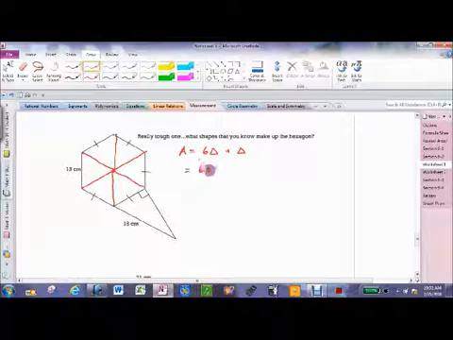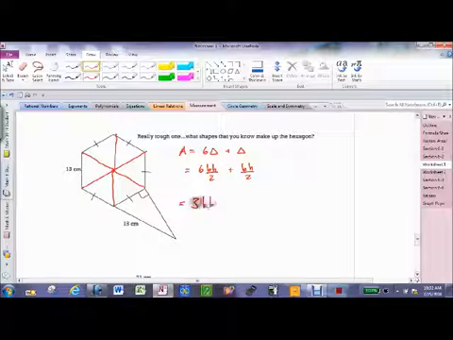So that's 6 base times height divided by 2, correct? Plus a base times height divided by 2. What do you do with the 6 and the 2? Six divided by 2. What do you do? Divide. 3 base times height for the red ones, right?